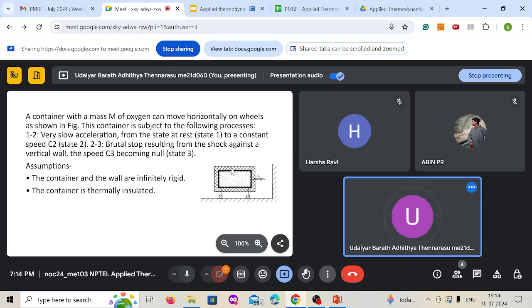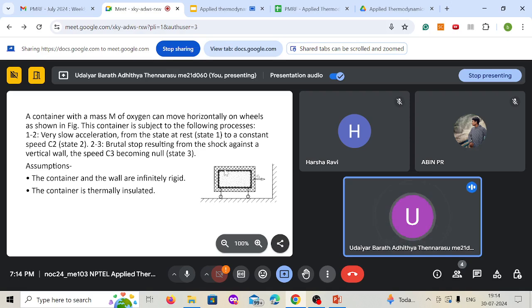So you have a rigid container that is initially at rest, and you are slowly accelerating it and bringing it to a constant speed C2. The second process is 2 to 3, a brutal stop resulting from the shock against a vertical wall.